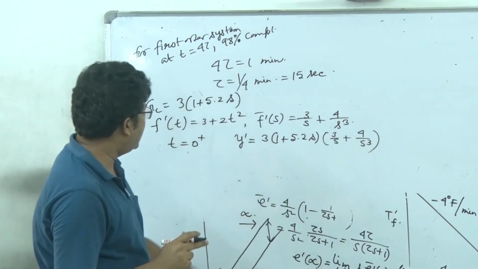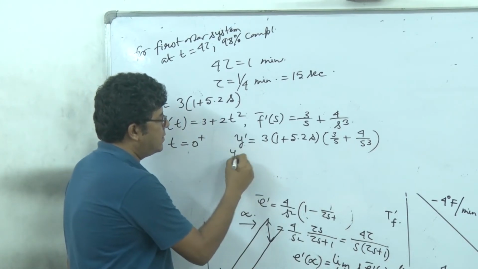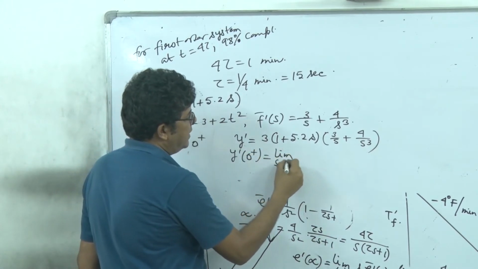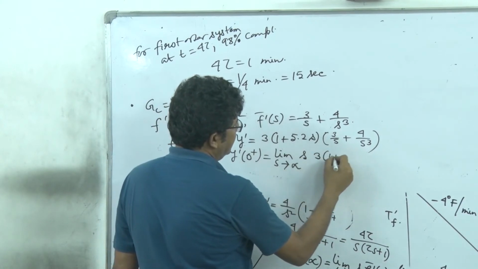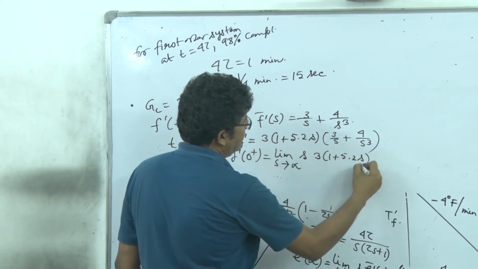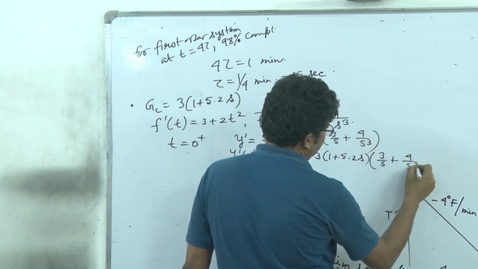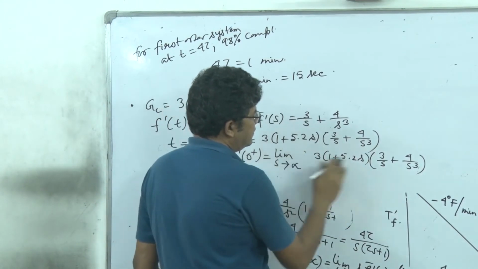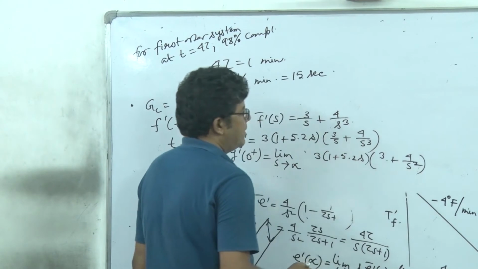Now we have to find out this at t equal to 0 plus. So y prime at 0 plus is equal to limit s tending to infinity s into 3 into 1 plus 5.2 s into 3 by s plus 4 by s cube. So this s here cancels out, here it is s square.